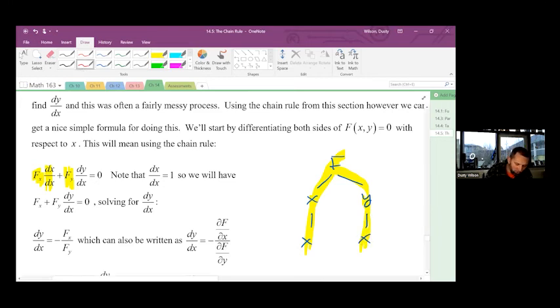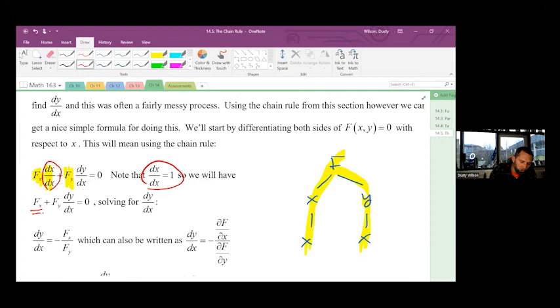Note, really important, dx/dx right here is just 1. So since that's just 1, we're going to have big Fx, or the partial derivative of big F with respect to x, plus the partial derivative of big F with respect to y times dy/dx equals 0.